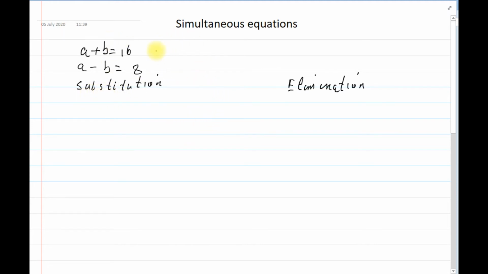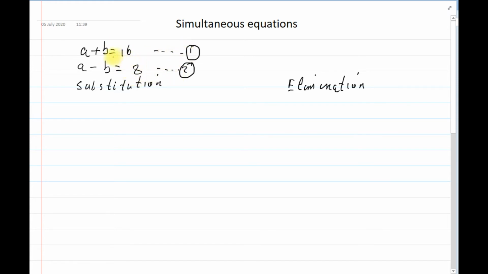If I mark these equations as equation 1 and equation 2, in substitution, as its name implies, we substitute for one variable in terms of the other. Let us look at our equations above.